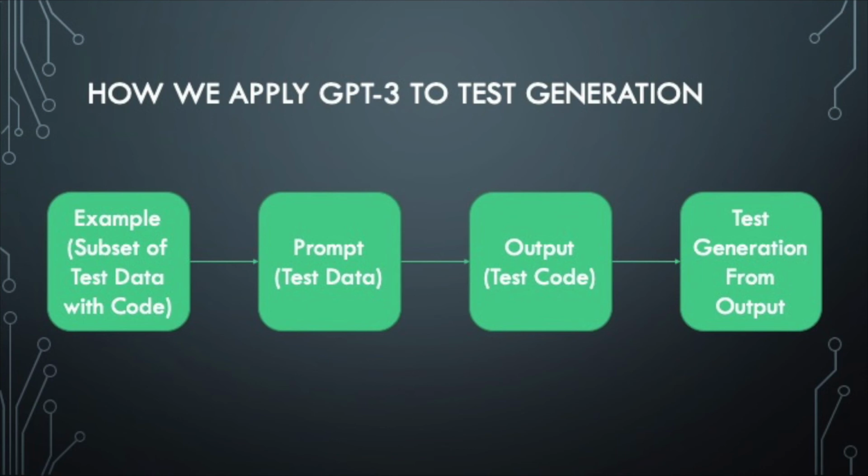The second layer, the prompt, is simply a list of test data that we want to send to GPT-3. The third layer, output, is simply GPT-3's response to our prompt of test data. What we are expecting here is the test code that we supplied, similar to the example. And for the fourth layer, we simply need to write a method that will generate a test from the output of GPT-3.